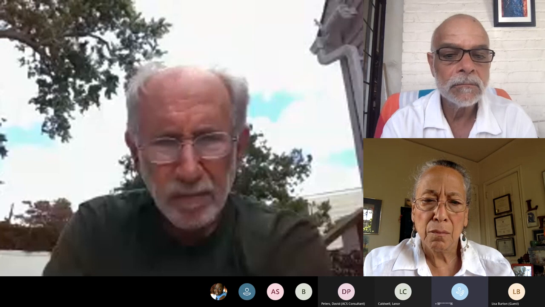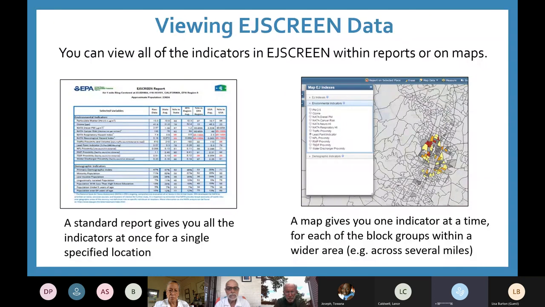So when you get the report, you have the map, and then you have the demographics and environmental data. This is really blurry, so I'm not sure if you can actually see. It gives you the variables that you selected.